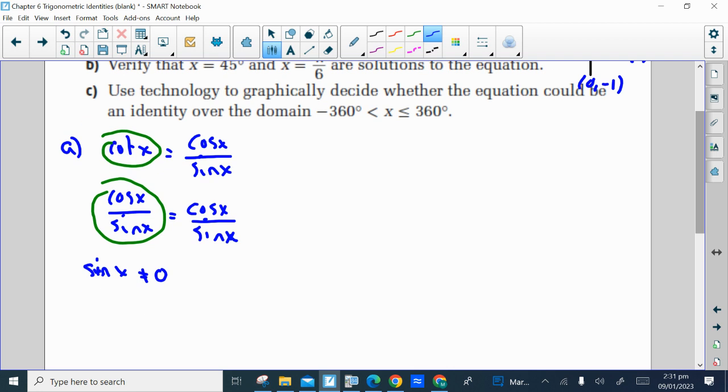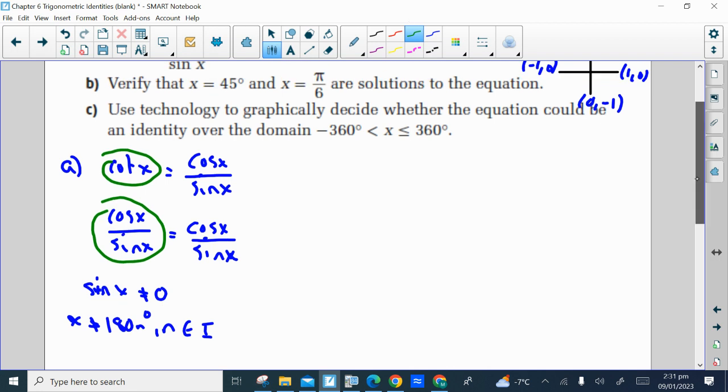So our restrictions here are that x cannot equal every multiple of 180 degrees. Because in this case, compared to the last one, only the sine of x can't equal 0. Cosine x equals 0 is not a restriction like it was on the last one. So our restrictions are different.